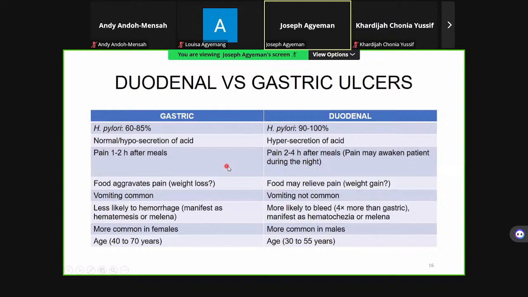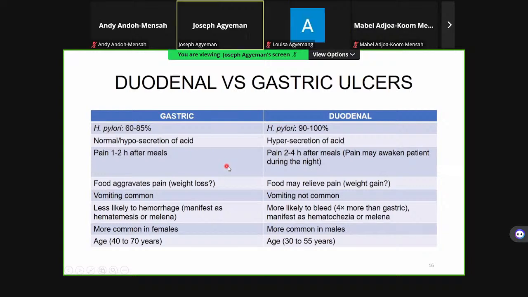With gastric ulcer, the wound is in the stomach. When you eat, the food falls within the stomach. So take it like it hits the wound within the gastric region, then you get the pain. Hence, with gastric ulcer, the pain comes with food. Whilst with duodenal ulcer, it comes way after you have eaten.